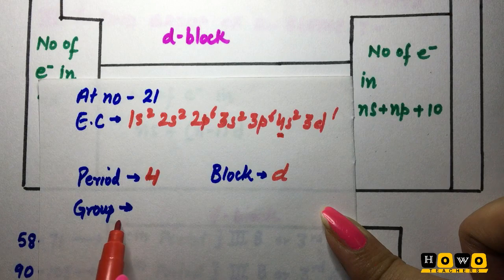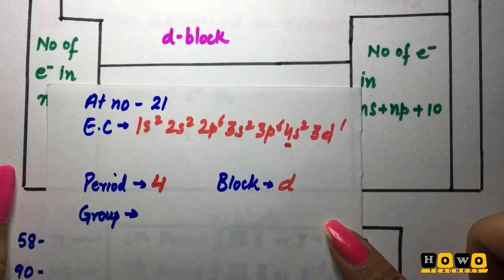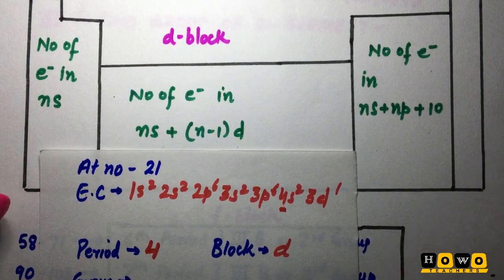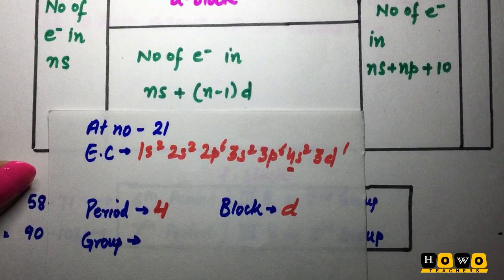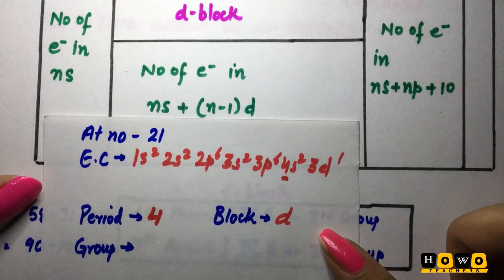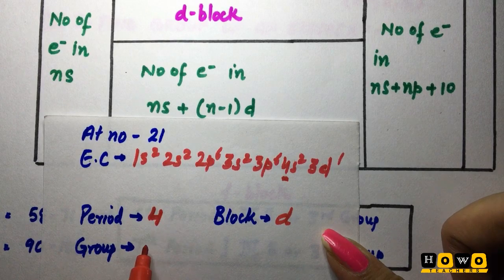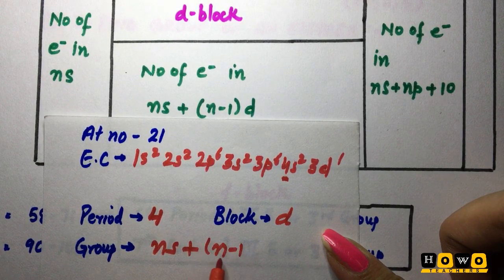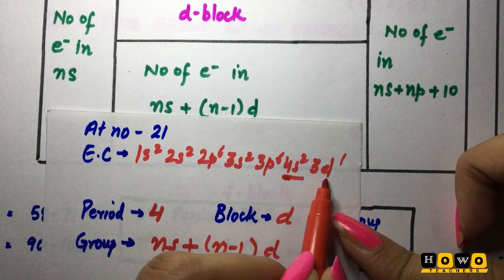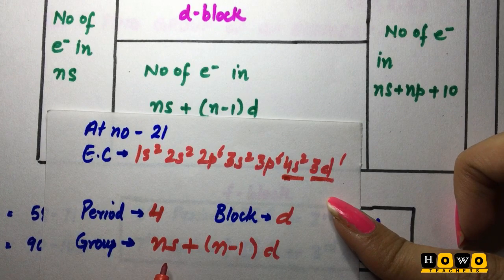Now for finding out the group number, you have to see the formula of the D block. Here I can see the formula for D block, that is the number of electrons in ns plus (n minus 1)d. So let me write this formula here: number of electrons in ns plus (n minus 1)d. So here this is the ns and this is the (n minus 1)d. So what I have to write?